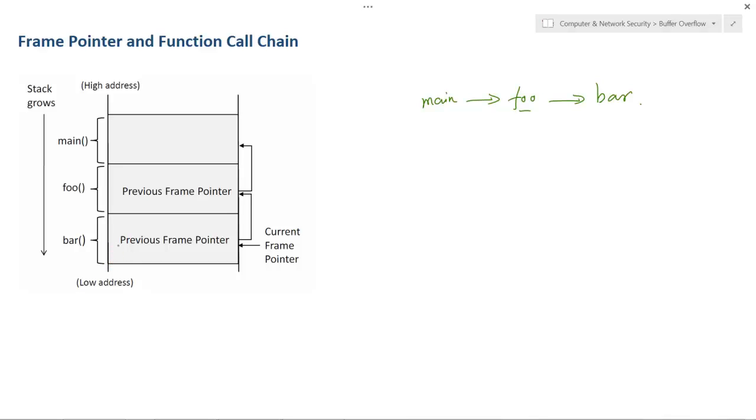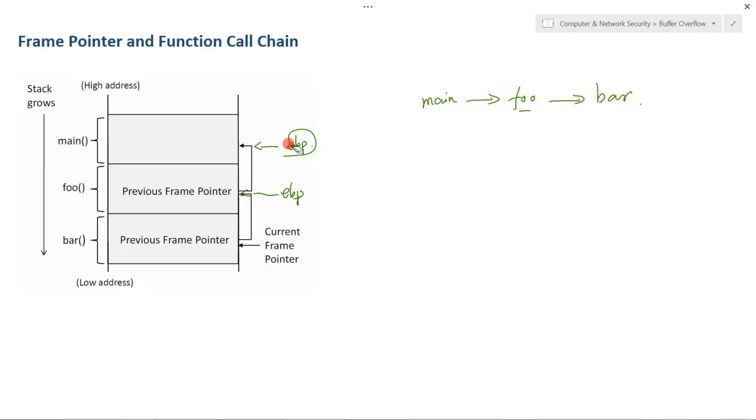The problem is I only have one EBP. Initially, when I'm here, EBP points to here, right? When I call foo, EBP has to point to here, and I lost that position. I only have one register to store that. So that's why you need to remember it.